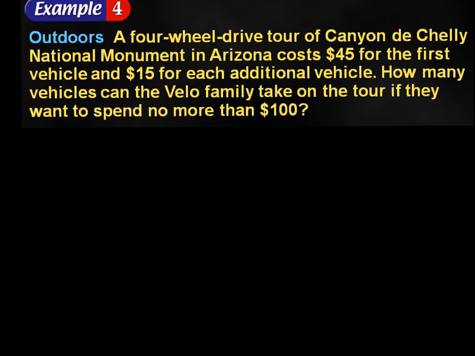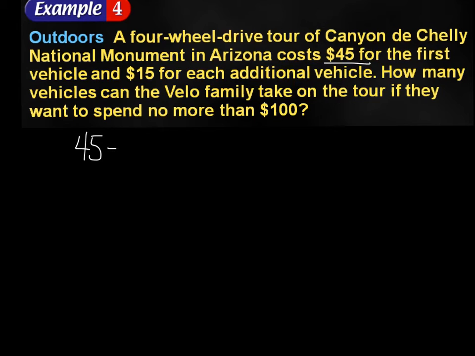A four-wheel drive tour of Canyon de Chelly National Monument in Arizona costs $45 for the first vehicle and $15 for each additional vehicle. How many vehicles can the Velo family take on the tour if they want to spend no more than $100? Let's get an algebraic expression to represent what they said. $45 for the first one, no matter what.